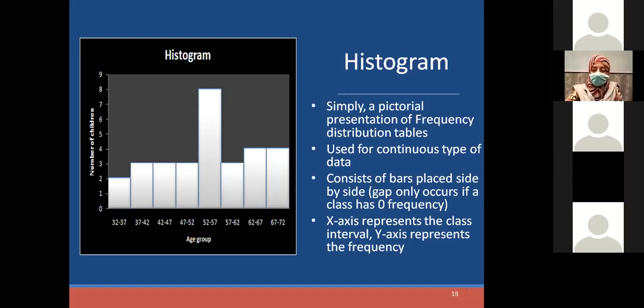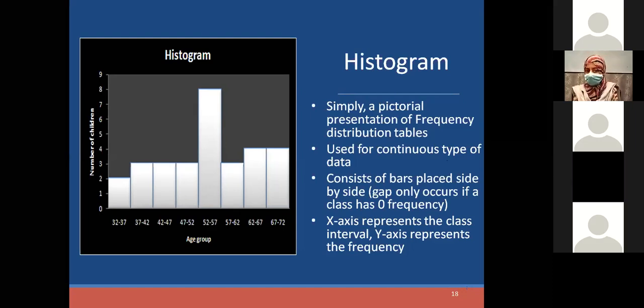It's used for continuous type of data, in which you have fractions, and it has bars which are placed side by side. Please remember, the difference between a bar chart and a histogram is that bar charts have spaces in between them, but histograms will not.